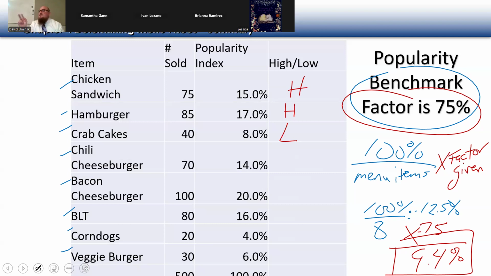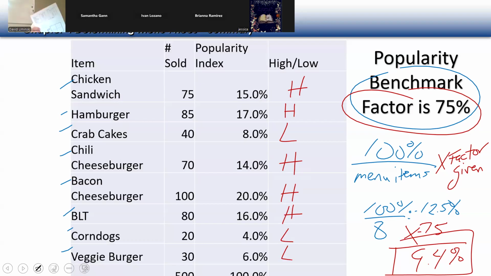Now, a lot of times some students get confused and they flip it. They're like, oh, 9.4 is higher than 8. But what we're doing is we want to compare the item's percentage to the average, the benchmark. So 14 is higher. 20 obviously is higher. 16, 4, and 6. All right.